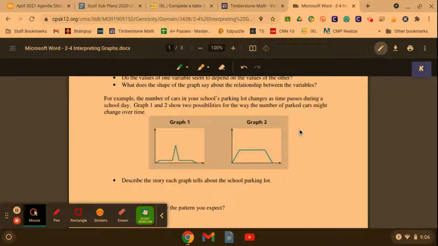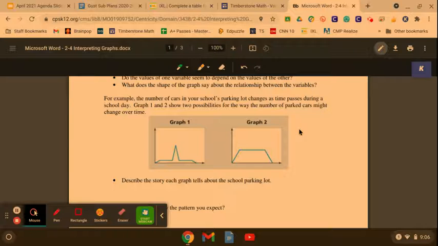Okay, so you're going to have directions put on the board from your sub, and it's going to tell you to decide what the variables are, decide which is dependent and independent variable, think about the graph and the story that the graph tells.